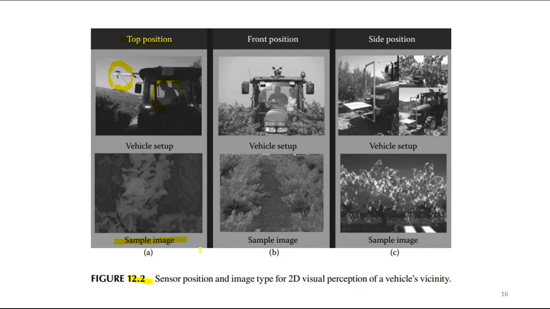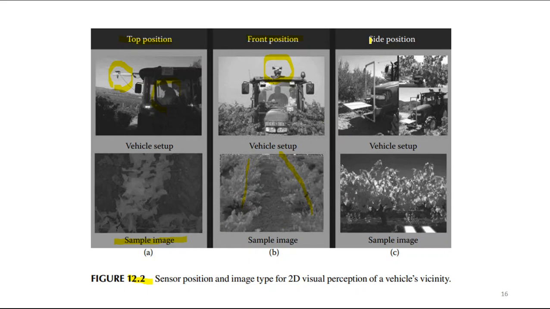And here is the front position, just on the head of your tractor, and you can take an image this way. You can see that along each row, the fruit are growing like this.